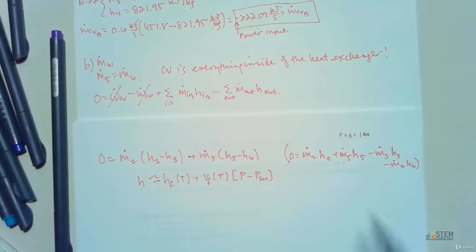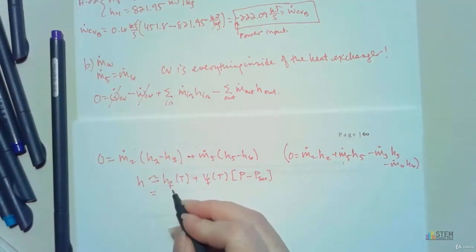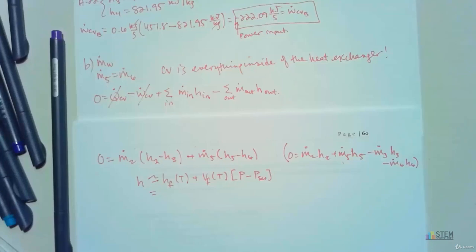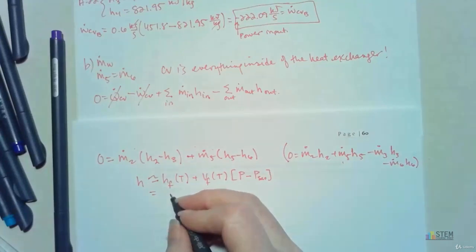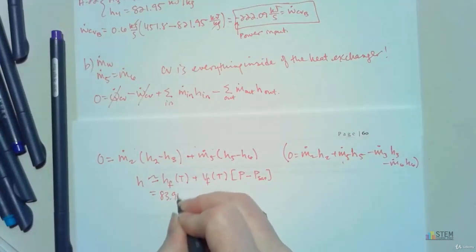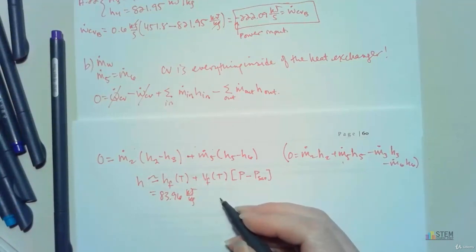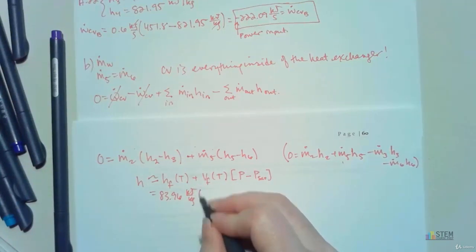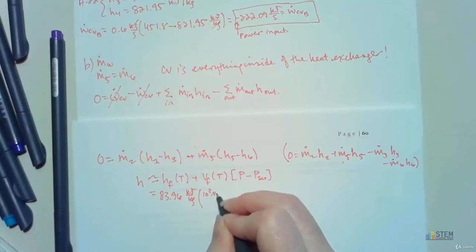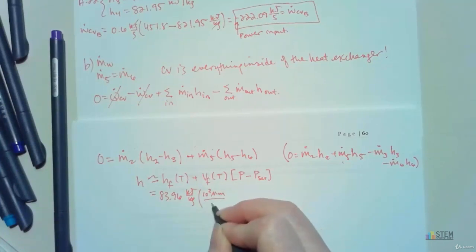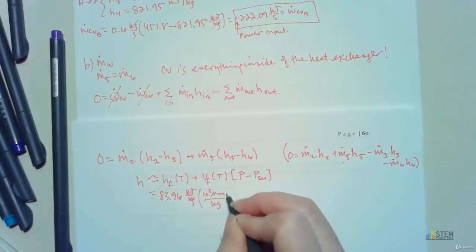Now HF at our temperature, which is 20 degrees Celsius, is going to be 83.96. That's kilojoules per kilogram. And I'm going to go ahead and convert that to Newton meters. Let's do 10 to the 3 Newton meters per kilogram. We'll do that conversion.